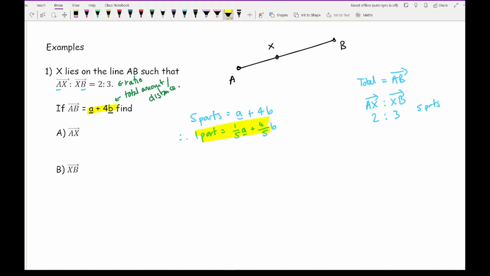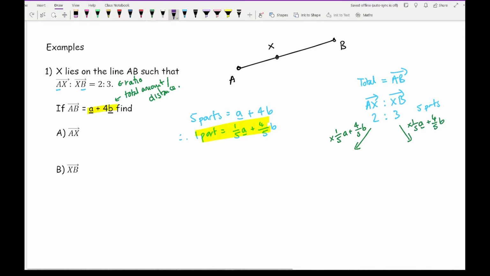So then from the ratio, A to X is 2 parts, so I need to multiply that by 1/5 A plus 4/5 B. And X to B is 3 parts, so that's going to be multiplied by, again, what 1 part is, which is 1/5 of A plus 4/5 of B.